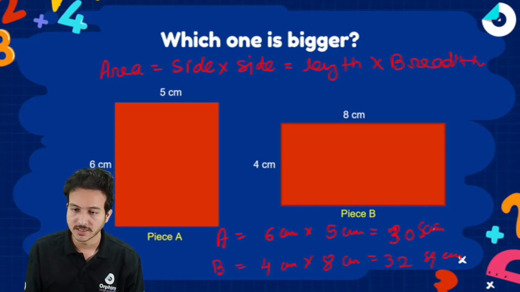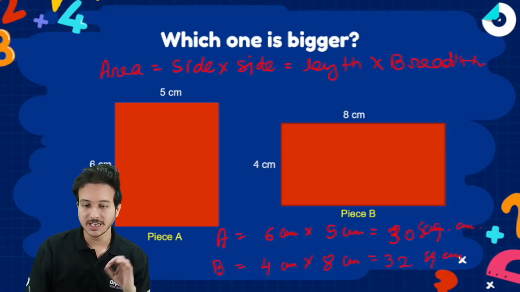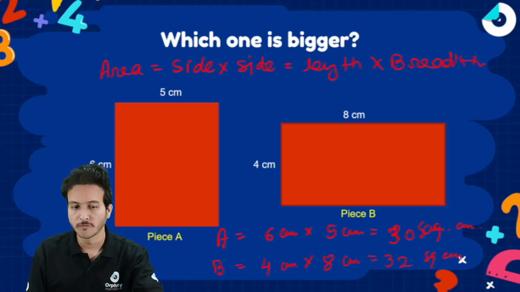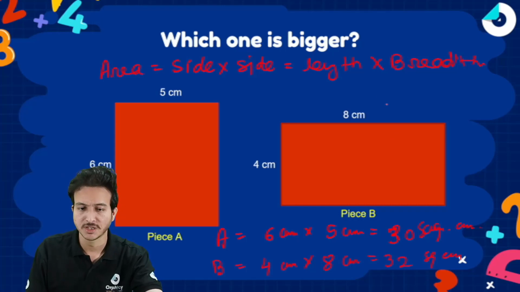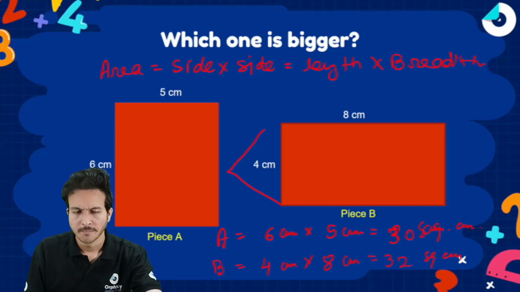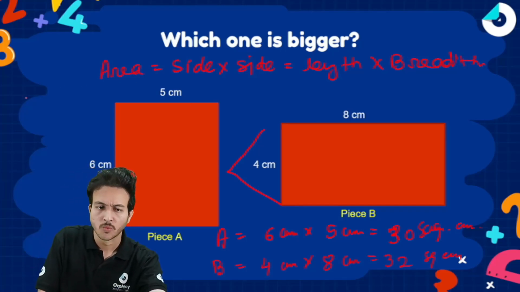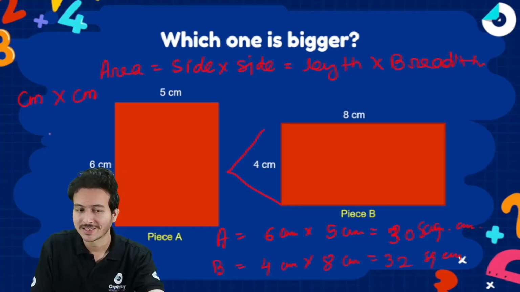So again, you can easily see over here, the area of piece A comes out to be 30 square centimeter and the area of piece B comes out to be 32 square centimeter, and hence obviously piece B is bigger. But there is a reason why we write square centimeter: because we are multiplying centimeter twice, this centimeter becomes square centimeter.